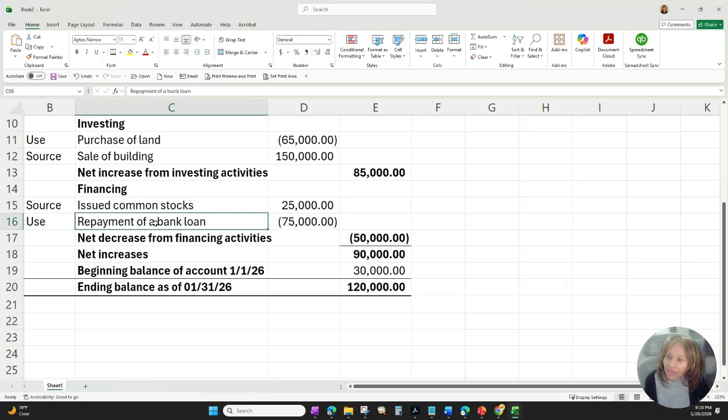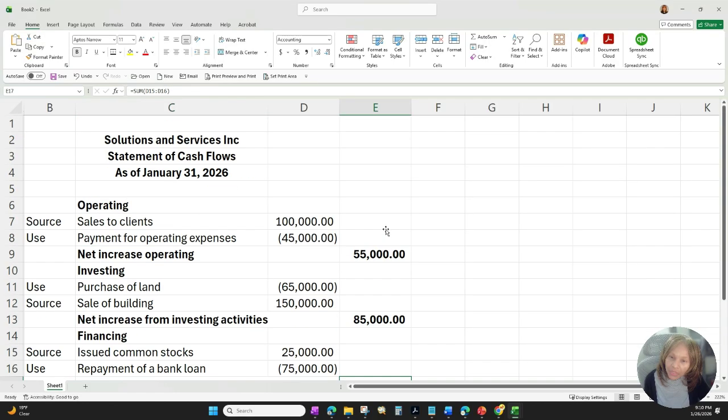Then it leaves the bank account, the cash, through financing by repaying loans, paying dividends to the shareholders, or paying the vendors and suppliers.